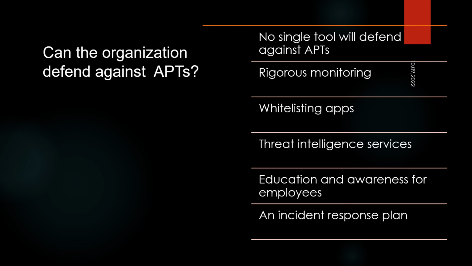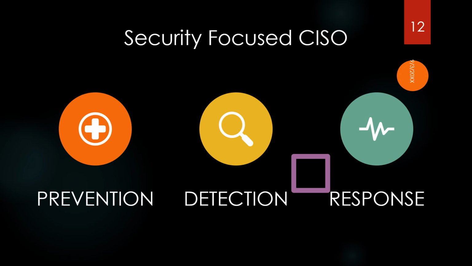And the next one is, this program must be security focused, which is the task of the CISO. And the CISO must make sure prevention, detection, and response measures are in place.